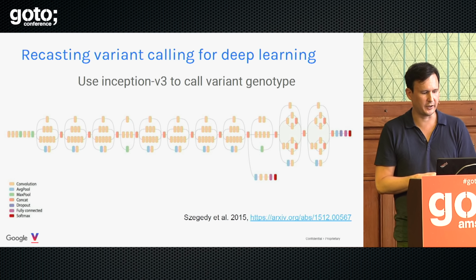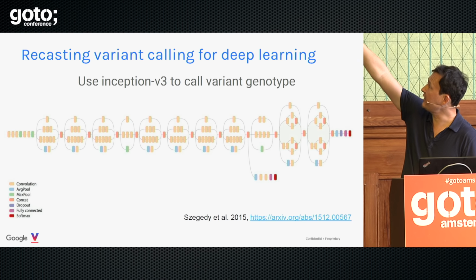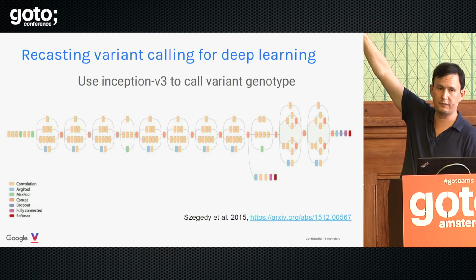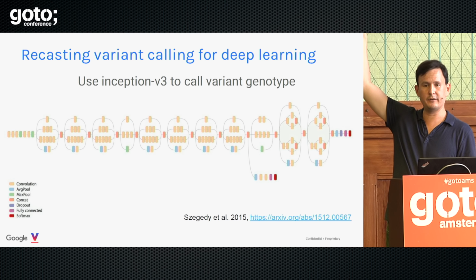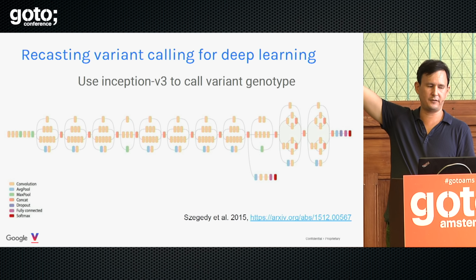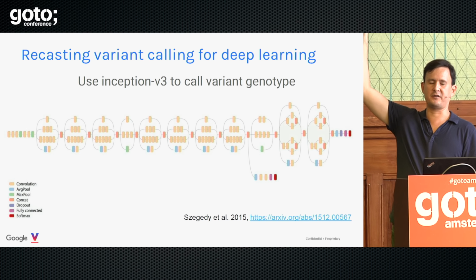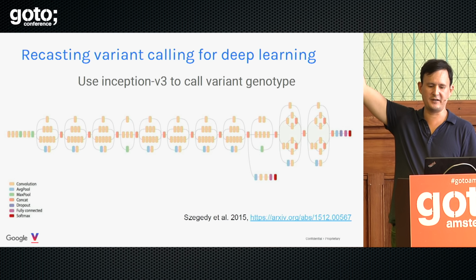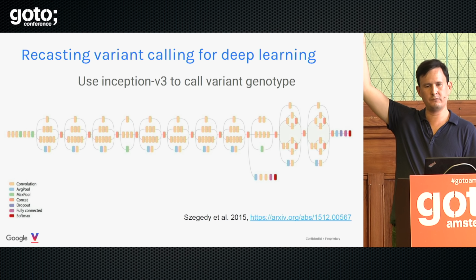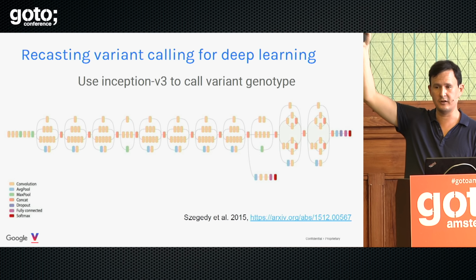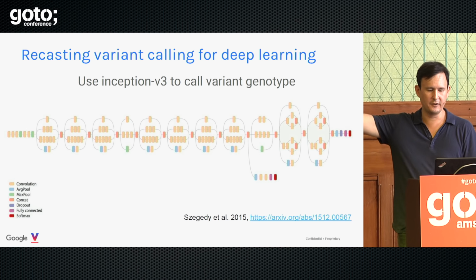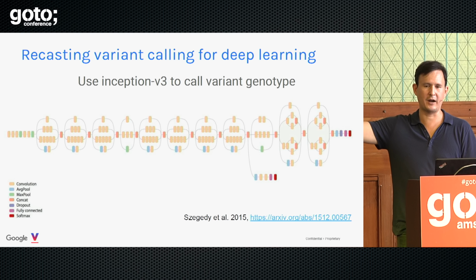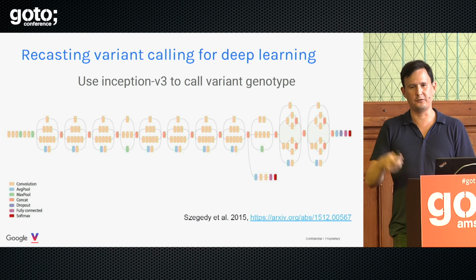It's the same type of architecture, where we're really just taking the final layer on the far right and removing its notion that it needs to classify objects into the ImageNet categories, and instead telling it, I want you to classify into homozygous reference, heterozygote, or homozygous alternate, the categories that are of interest for this particular variant calling application. So we can leverage all the training on this neural network that was built for another application and reuse it for this new application.